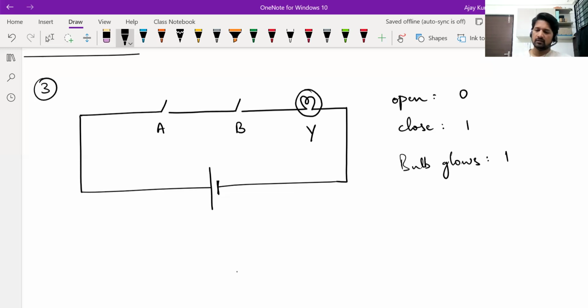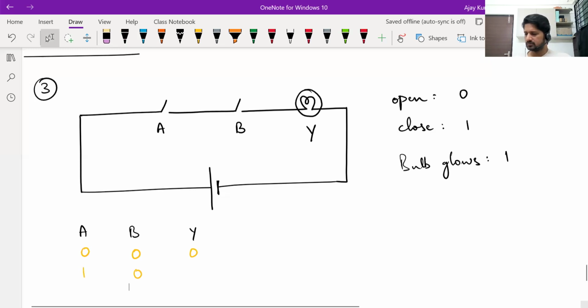Now both are open, that means A is 0. A is open, B is open. Will the bulb glow? Obviously not. So Y is also 0. The output is 0. Now tell me, when A is 1 and B is 0, what is the output?